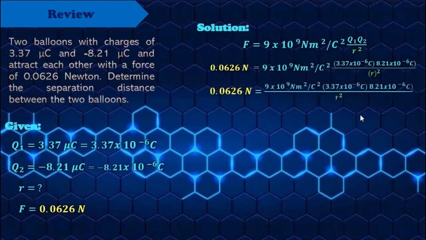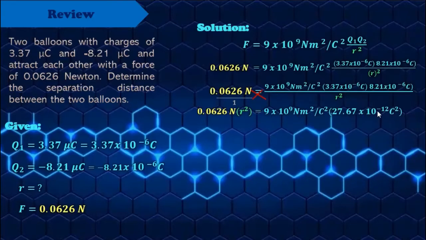So we have, and the next process would be the cross multiplication. Take note, the unknown should always be on the left side of the equation. Therefore, 0.626 Newton times R squared is equal to 1 times the numerator.